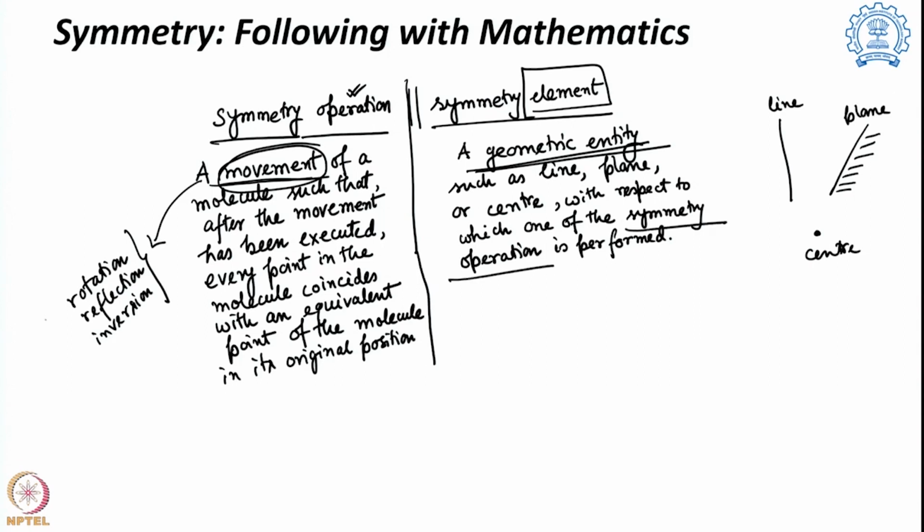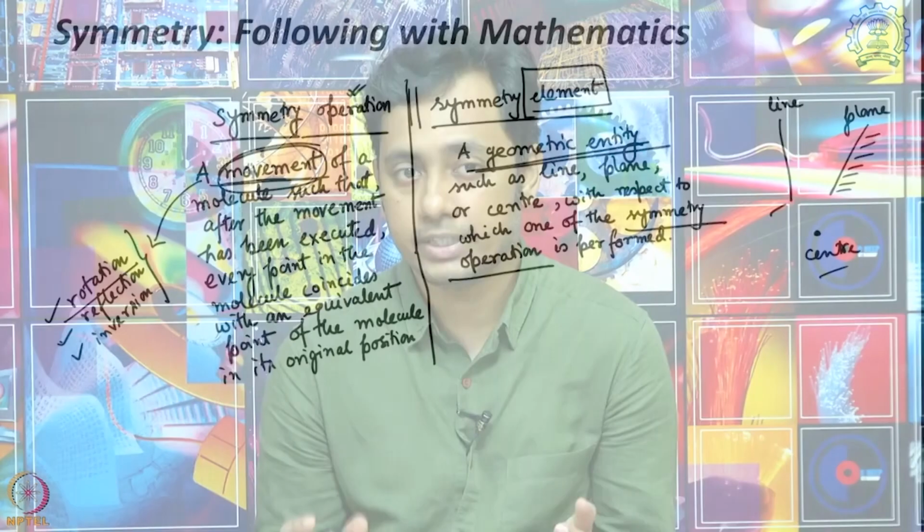The symmetry operation is the rotation, reflection and inversion we talked about. So, we have to do a rotation around what? We have to do a reflection against which particular thing? Those will come from this line, plane or center. So, symmetry operation and symmetry element are different things by definition, but they combine together because we do a symmetry operation against a symmetry element.